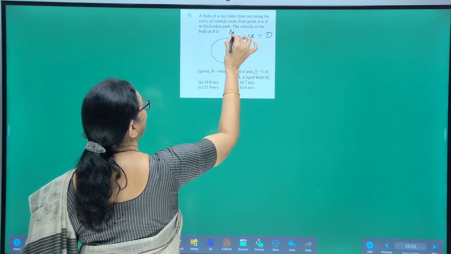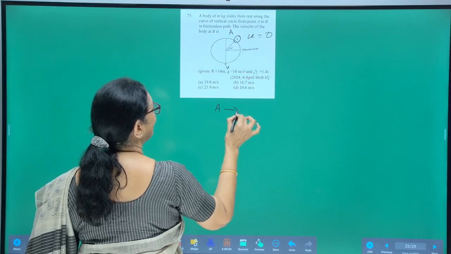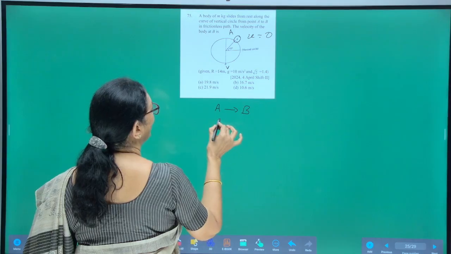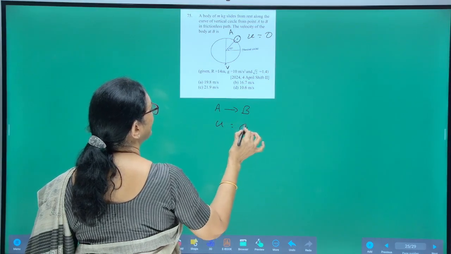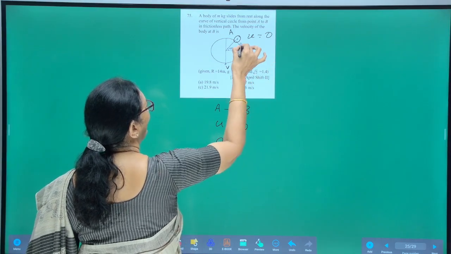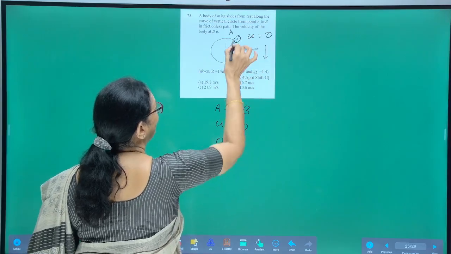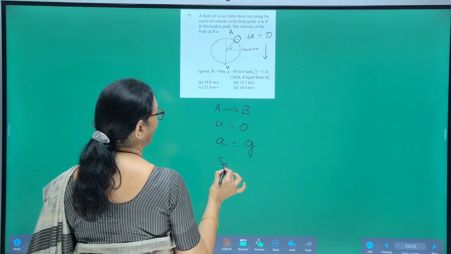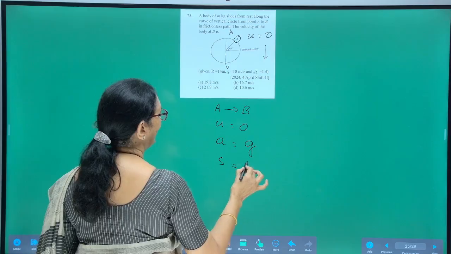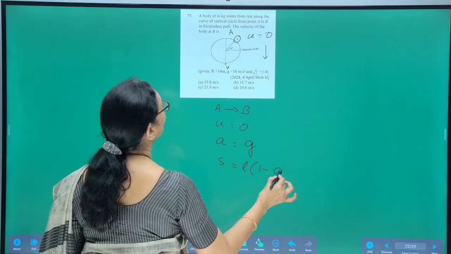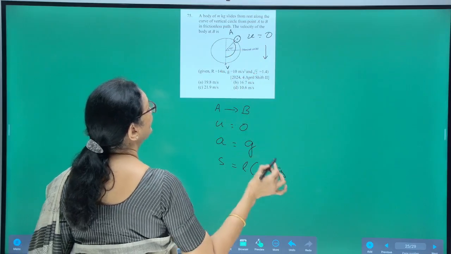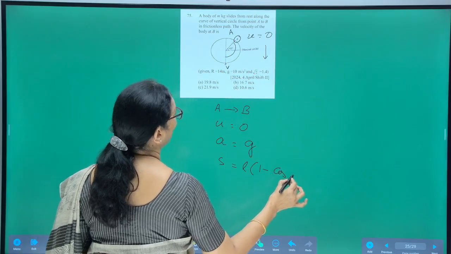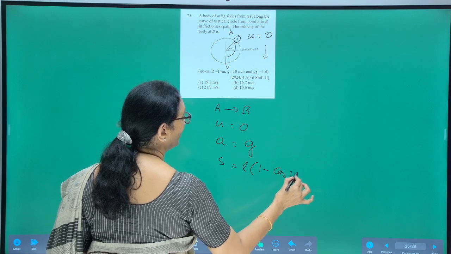Let us take this as A, this as B. As it travels from A to B, u is equal to 0, a is equal to g since it is moving vertically downward, and s is equal to L into 1 minus cos of this angle, which is 90 plus 45, cos 135.